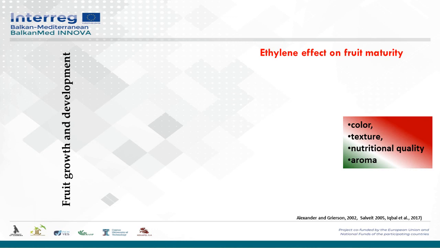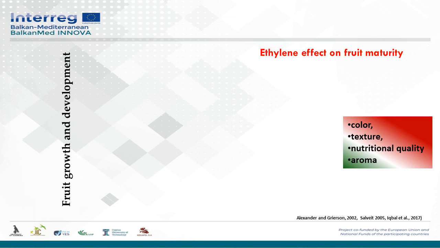However, we should be aware of the fact that ethylene will have some effects on the color, texture, nutritional quality and aroma, and mostly they are negative effects on these quality characteristics of tomato fruit.